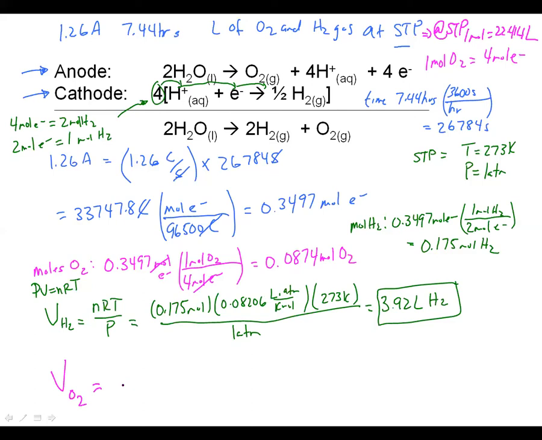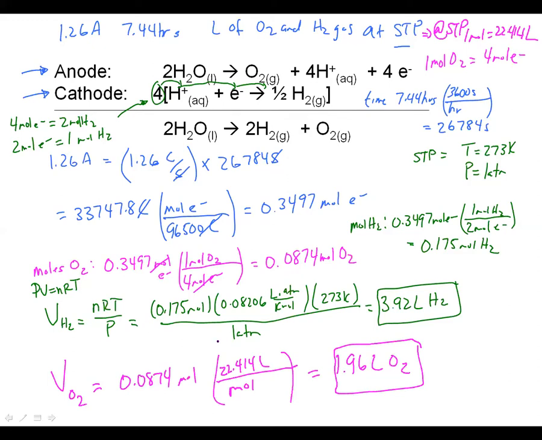So you could take the volume of oxygen gas, in this case the moles of oxygen, again using that conversion, which can only be used at STP conditions, and you will end up with 1.96 liters of O2. Again, you could put it into the ideal gas law just like we did above. The only difference is obviously you would use the moles of the O2 in that particular case.